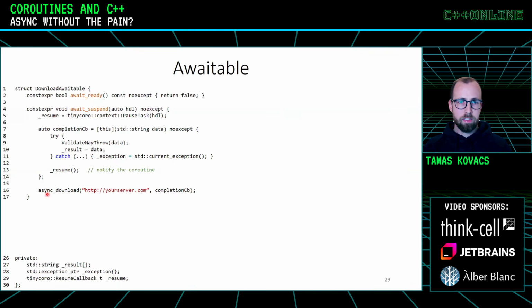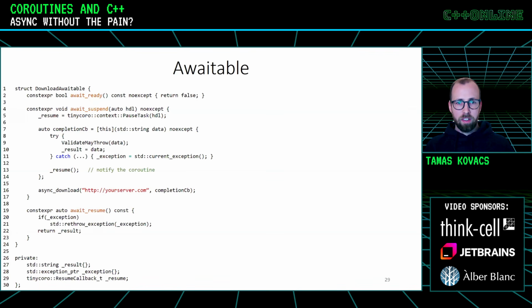In line 16, async download kicks off the actual asynchronous work. And now we return from await_suspend. The coroutine is in a suspended state. The network operation is in flight, and we are just waiting for the completion callback to fire.